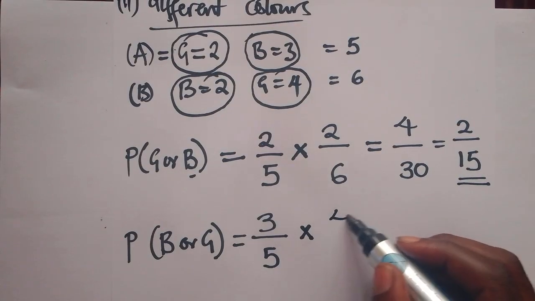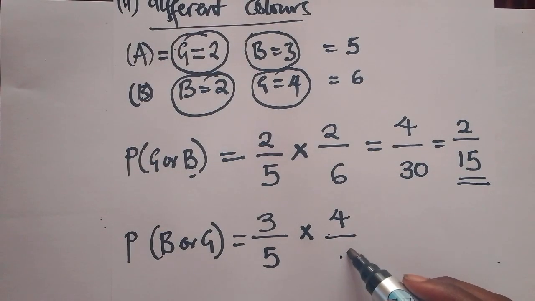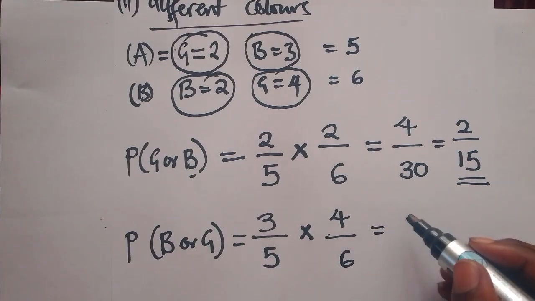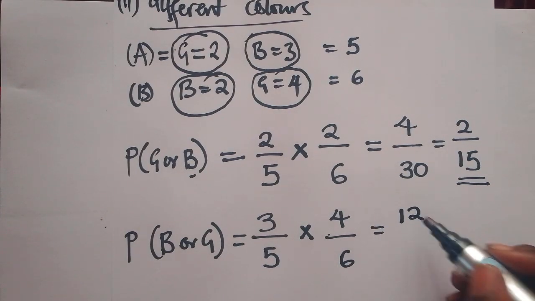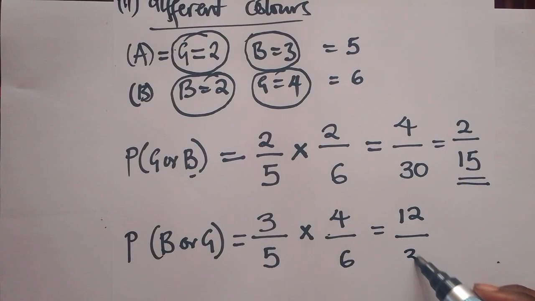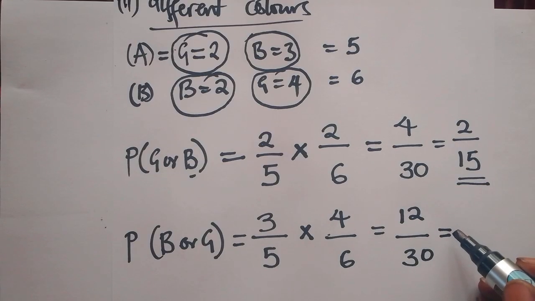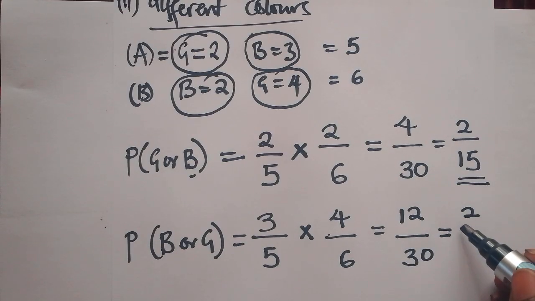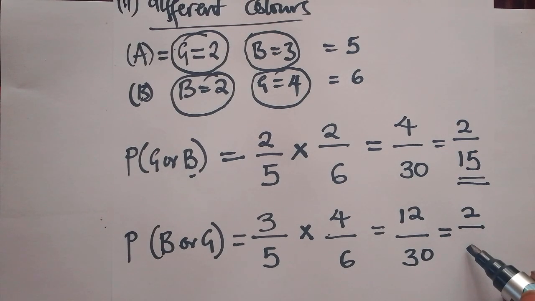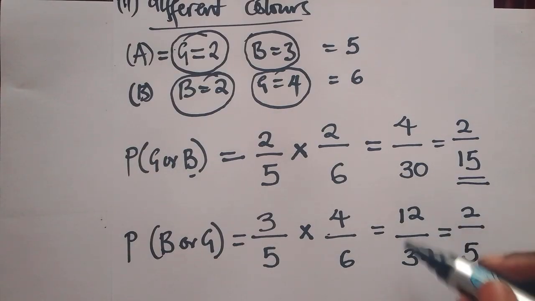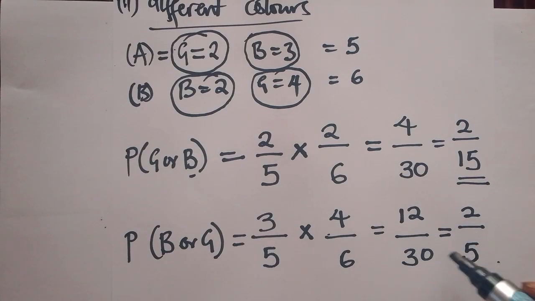We have 4. Then what's the total? 6. Then you multiply 3 times 4, that's 12, and 5 times 6, that's 30. Again, if you can simplify, you have 2 over 5. Here we divided by 6, which gave us 2, and 30 divided by 6 gave us 5.